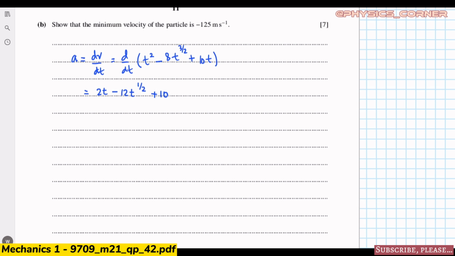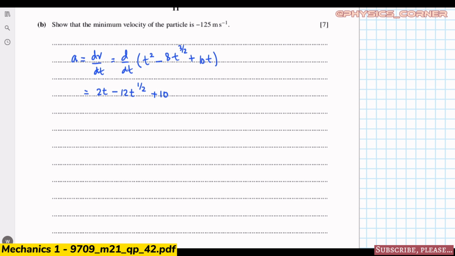And then a equals 0, it means 2t minus 12 t half plus 10 equals 0, or 2t minus 6 t half plus 5 equals 0. So like we have t, this is t power a half means root.